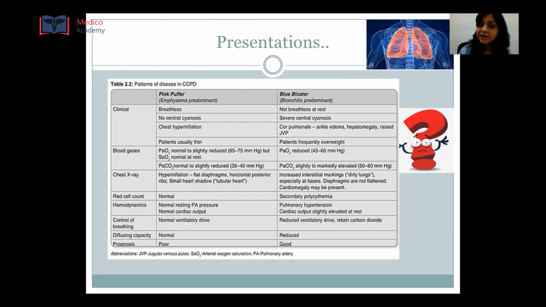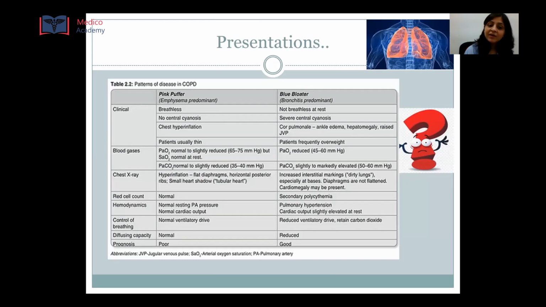If you talk about the blood gases, in pink puffers, PaO2 would be normal or might be slightly reduced, but saturation is normal at rest. PaCO2 is again normal or slightly reduced. Whereas in blue bloaters, the PaO2 is reduced, the PaCO2 is slightly to markedly elevated. Chest X-ray.